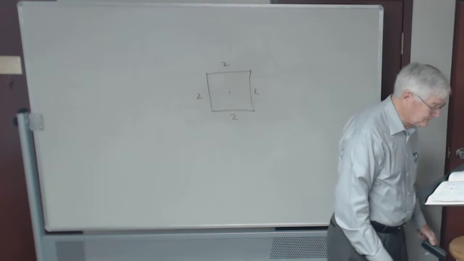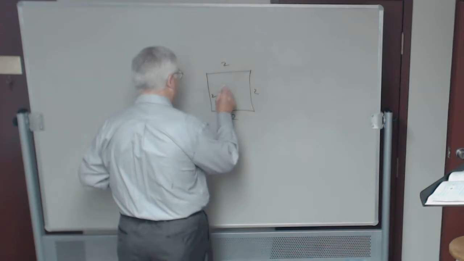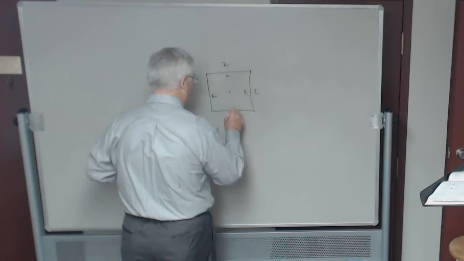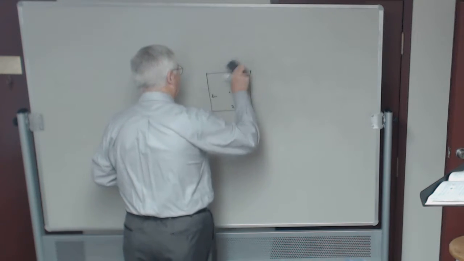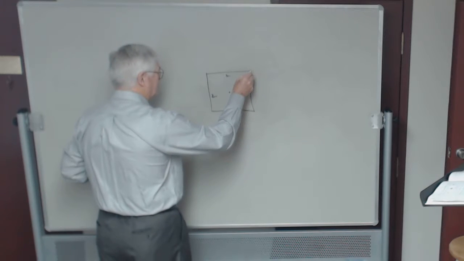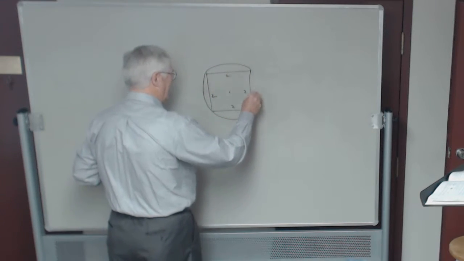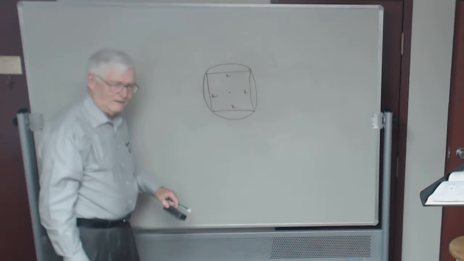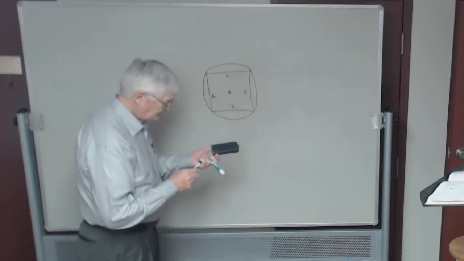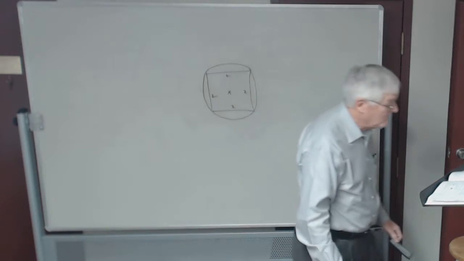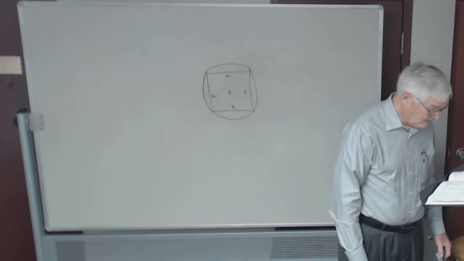The circle passes through what? So I'm going to put these 2's in here. Because where does the circle go? Through the vertices. So I have a circle that goes around like this. Everybody follow that? And there's the center of my circle. You got the picture?